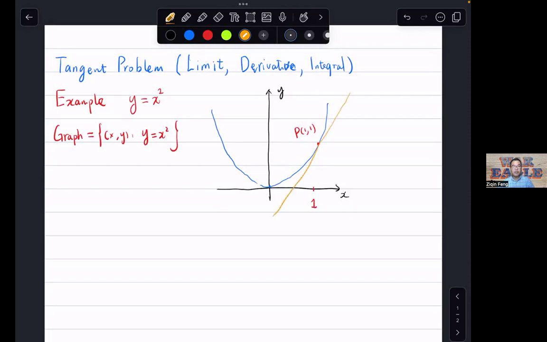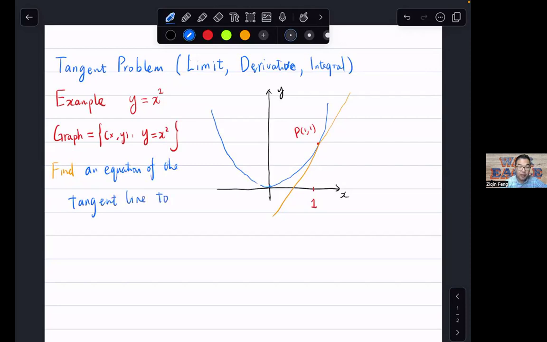The natural question here is, what is the equation of such a tangent line? Our question is, we want to find an equation of the tangent line to the curve.